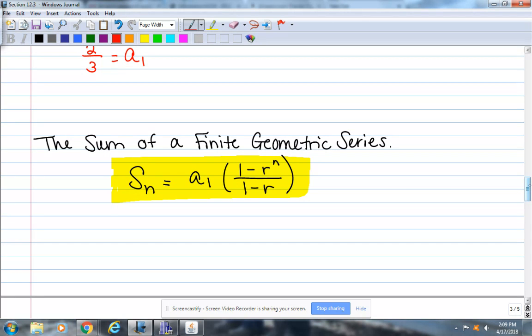My class needs to have it memorized before tomorrow. So remember, a sum of a series, you just continually add one thing after the next. Whatever the sequence is, you're constantly adding the terms.